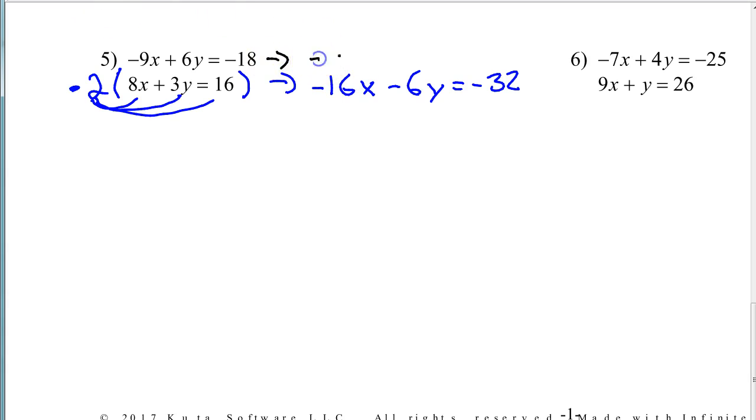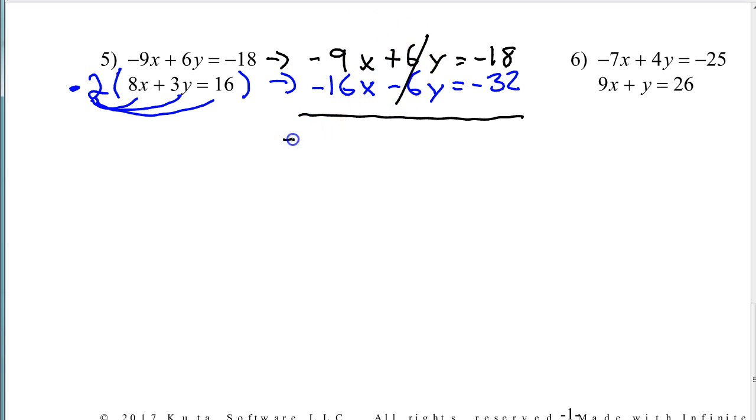The top stays the same, negative 9x, positive 6y, and equals negative 18, so we have our elimination there. 6 minus 6 eliminates, equals 0. We'll have negative 25 times what is negative 50.